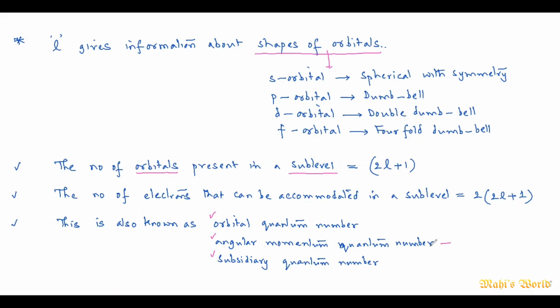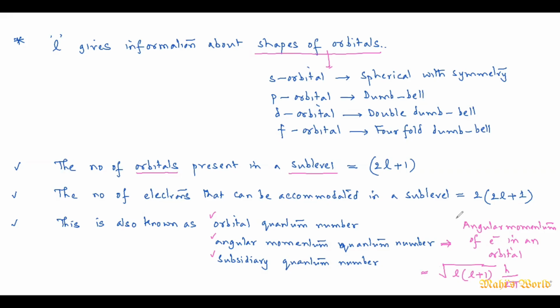It is also called orbital quantum number because I told you that the angular momentum of electron in an orbital can be calculated using the formula root over L into L plus 1 into h by 2 pi, where you are using the azimuthal quantum number L only.